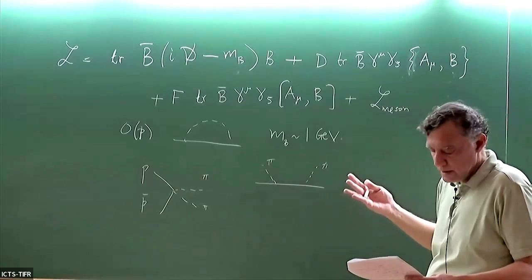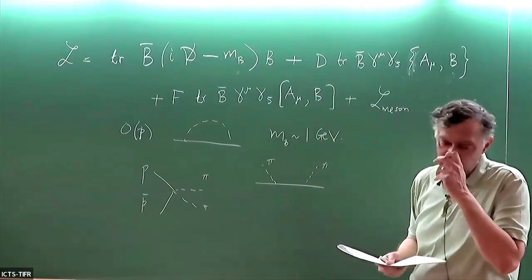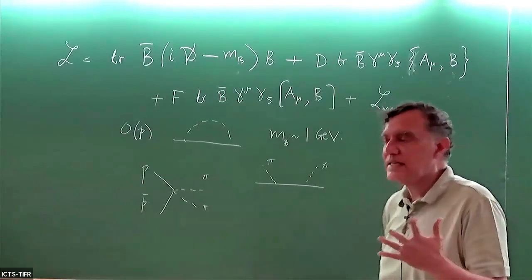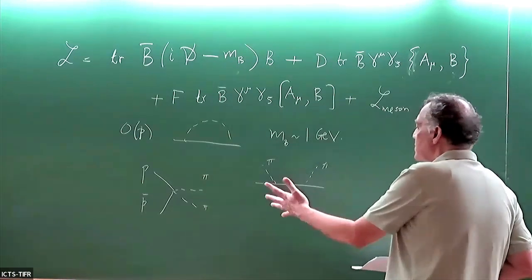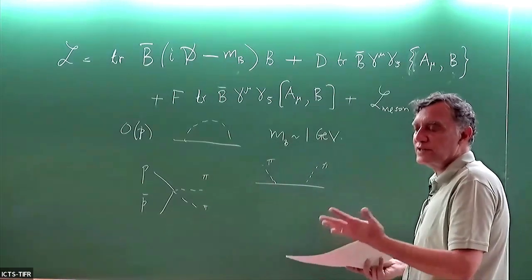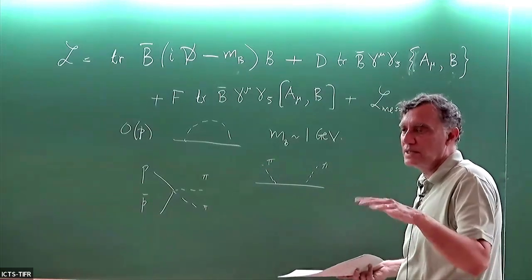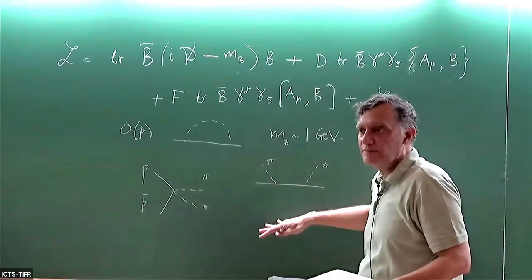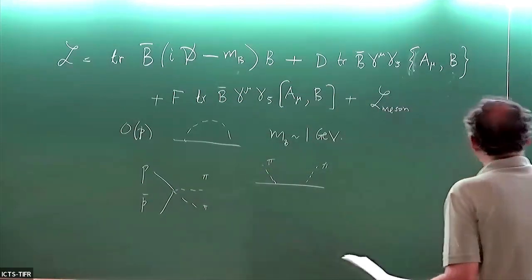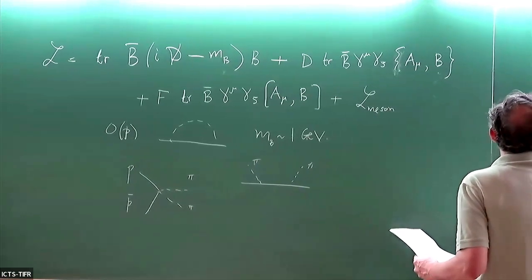So the solution to getting a good expansion with a good power counting is exactly what Matthias did for HQET. This is the same argument as for HQET. You have a heavy quark, but it's interacting with soft gluons, or soft degrees of freedom. Here you have a heavy baryon, it's interacting with soft pions. And so what you do is you define a field B sub V of x.